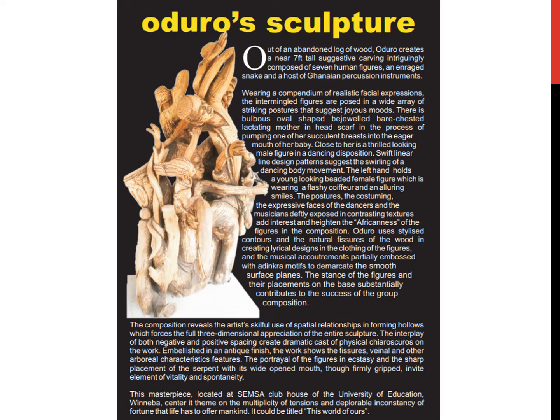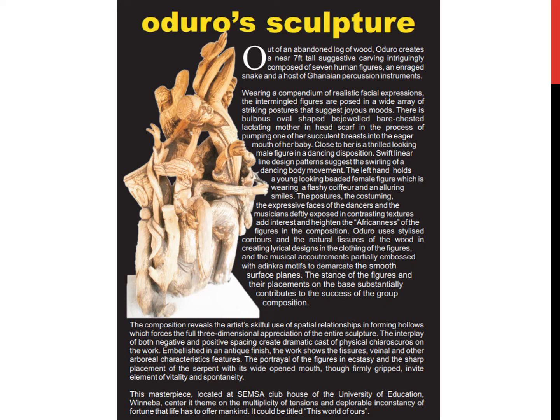spatial relationships in forming hollows, which forces a full three-dimensional appreciation of the entire sculpture. The interplay of both negative and positive spacing creates dramatic casts of physical chiaroscuro on the work.